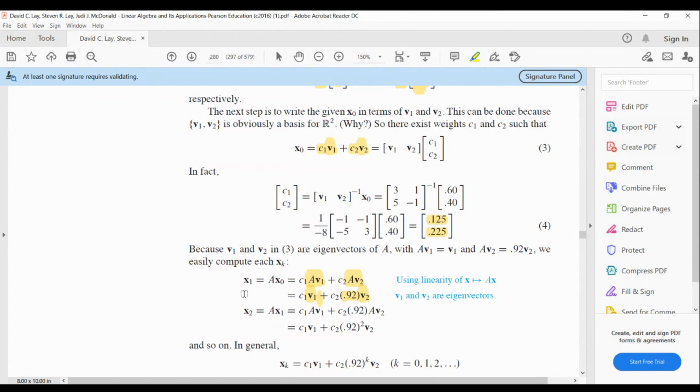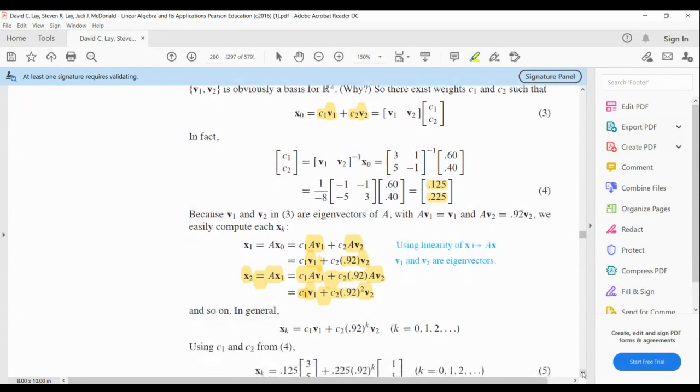So see, you can write x1 as a linear combination this way. And then you can repeat the process. X2 will equal A times X1. And you can replace the X1 with the C1 V1 plus C2 times 0.92 V2. And if you do that, X2 will equal C1 V1 plus C2 times 0.92 squared V2.